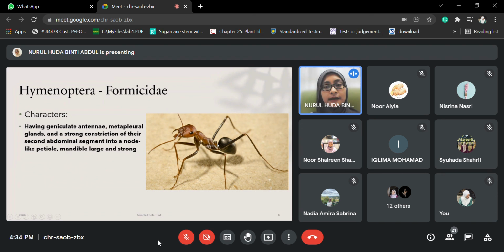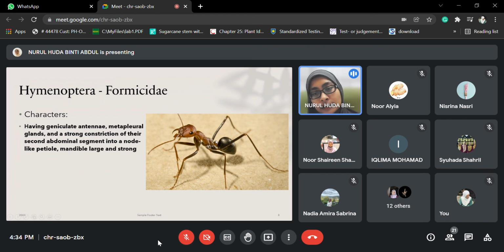And then the petiole, this you may not see very clearly, because it constricts at the abdomen. But the last node you see is actually the abdominal segment already. It is constricted twice. I'm not sure whether you can imagine it or not.